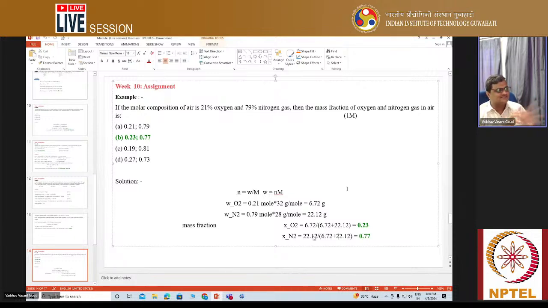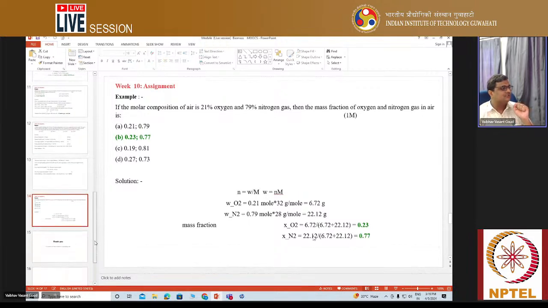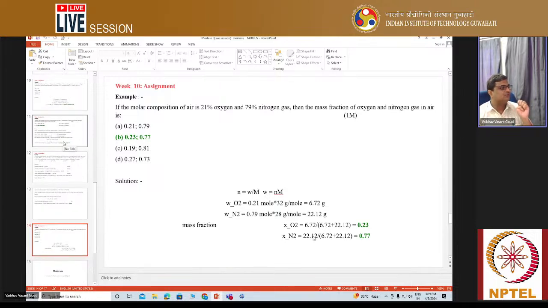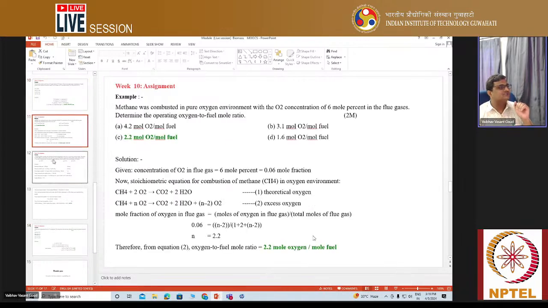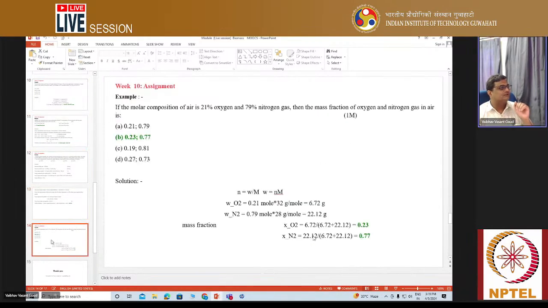This also we discussed in one of the lectures about the combustion part, where we mentioned that if you are converting into mass fraction, you can easily convert using this simple concept. This is one of the simple examples we gave for the assignment to solve, right? So I think these two examples are what we majorly solved in assignment 10.